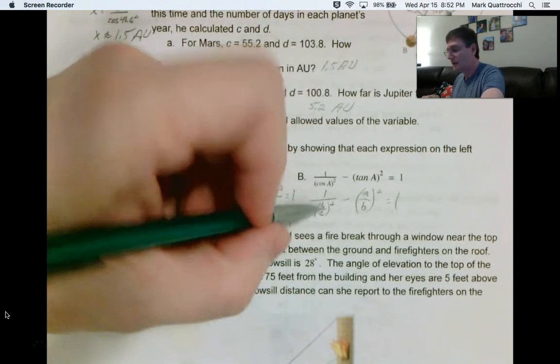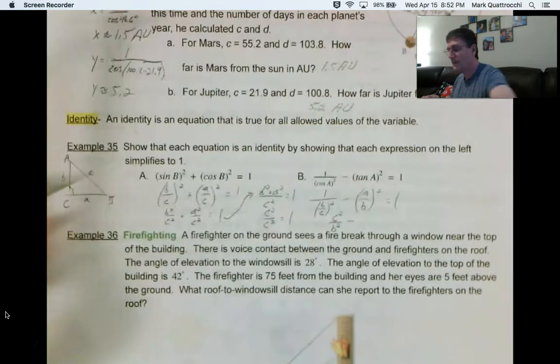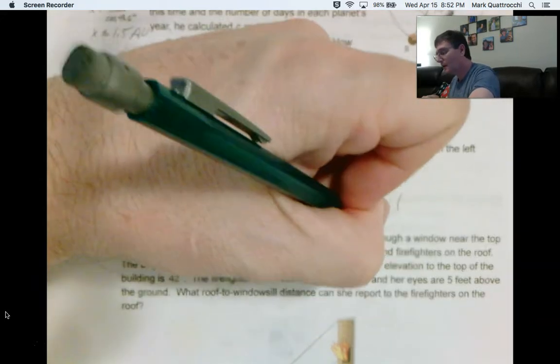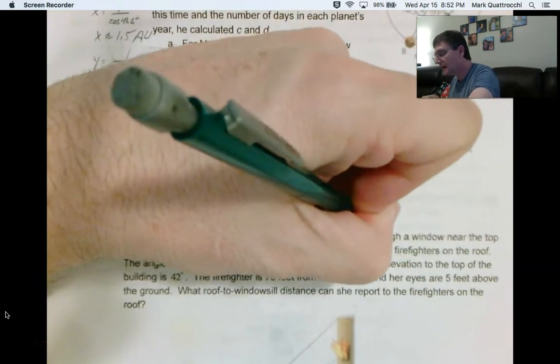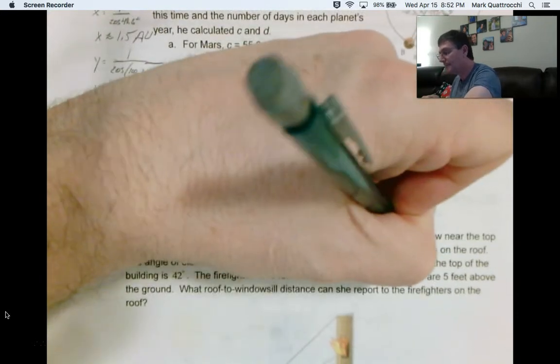This becomes c squared over b squared minus, so 1 over b squared, c squared is reciprocal, minus a squared over b squared equals 1.